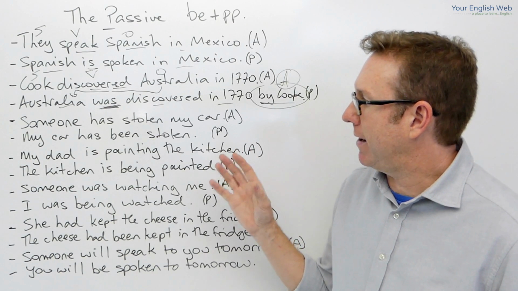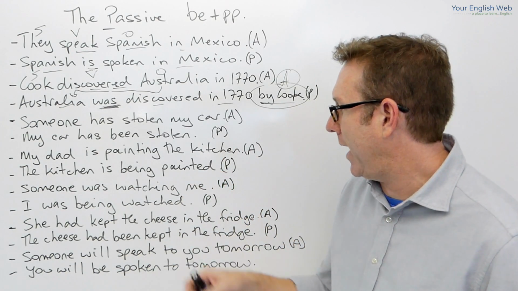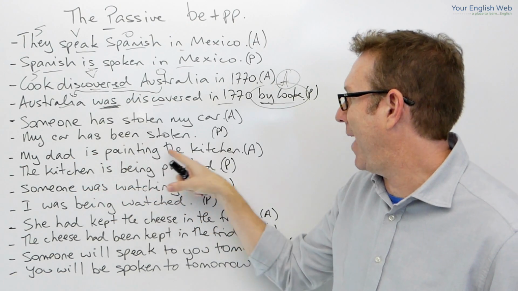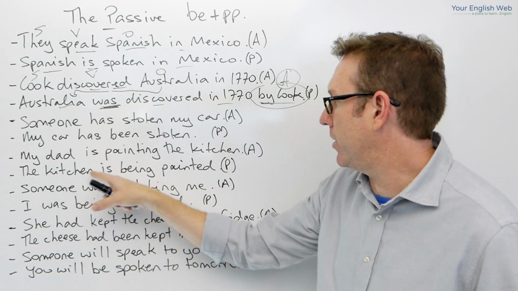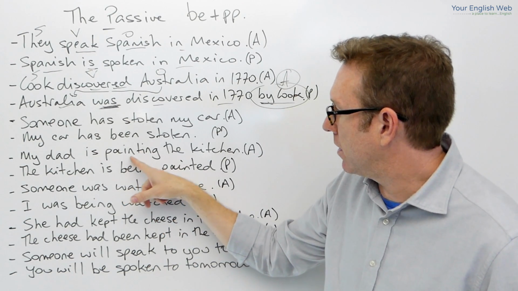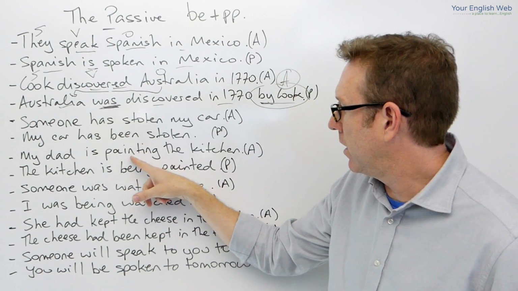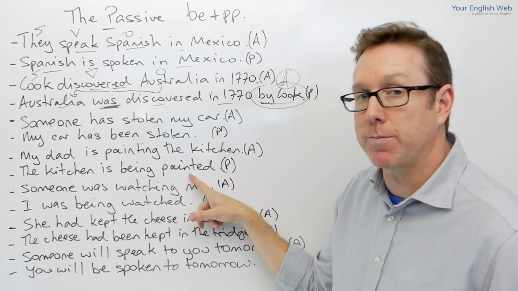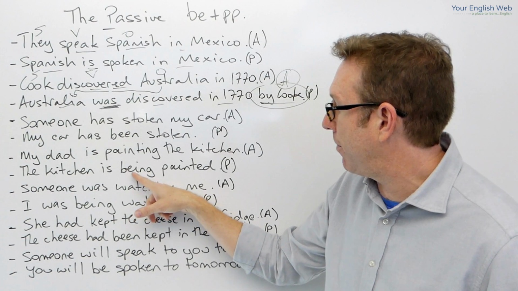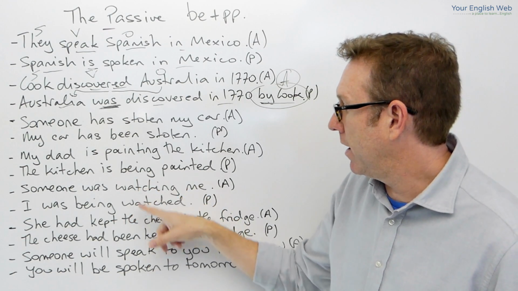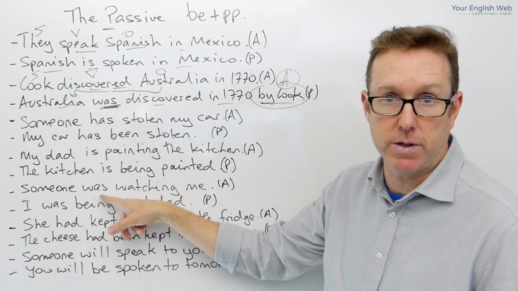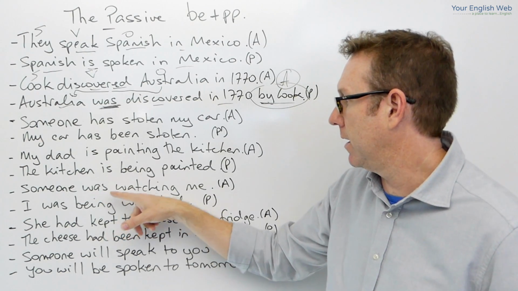Now, the difficulty comes when we, let's say for example, this one here. My dad is painting the kitchen. The kitchen is being painted. So the continuous verb here becomes the past participle, and the gerund is taken by the be. Okay, that's the difficult one, and that also happens in the past continuous, obviously, because it's the continuous tense.